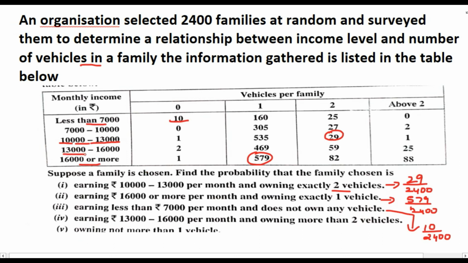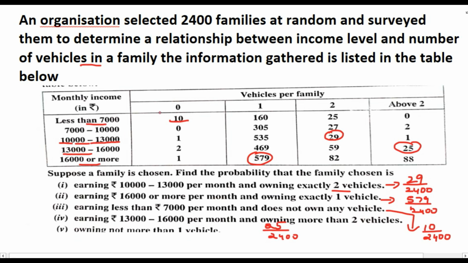So this row we have to see, more than 2 vehicles means above 2 vehicles. So we have 25 by 2,400, and the last one, owning not more than 1 vehicle. So this we need to calculate.